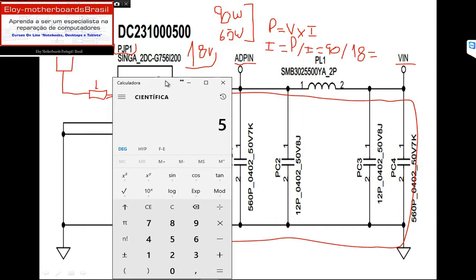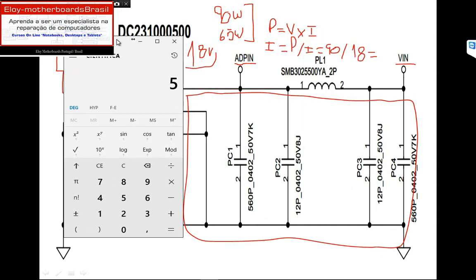So here in this input, we will have 5 amperes.